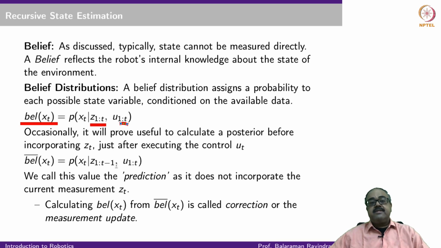If I know xt minus 1, then I can make this more Markov. If I know xt minus 1, then it depends only on xt minus 1 and ut, right? Since I don't know xt minus 1, I have to look at the entire history of observations and the entire history of actions I have performed in order to define my belief, right?